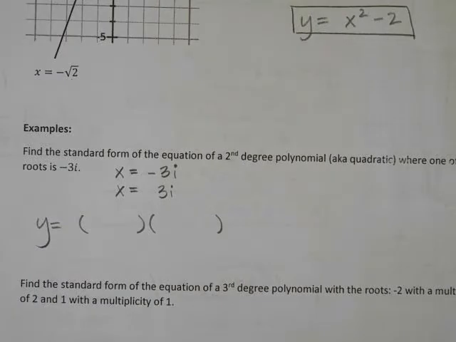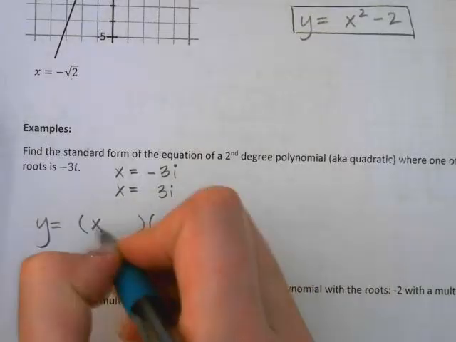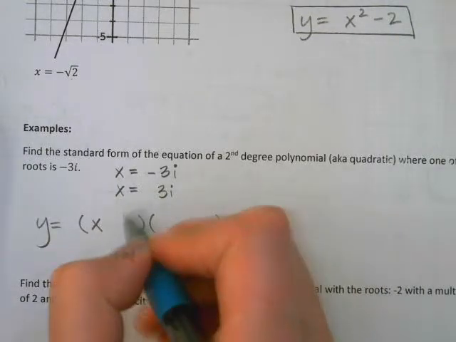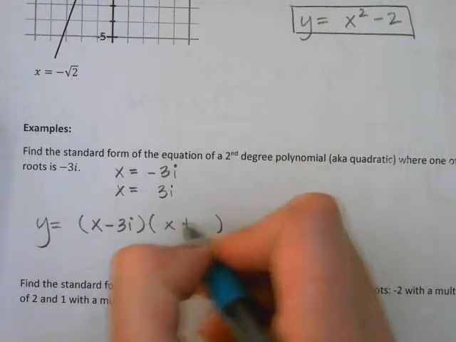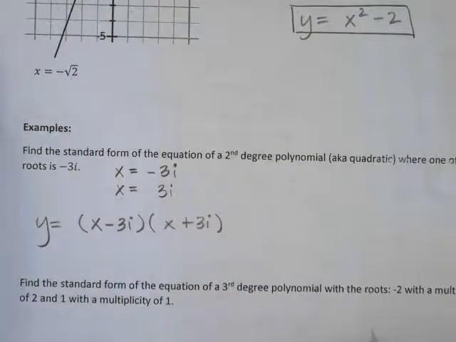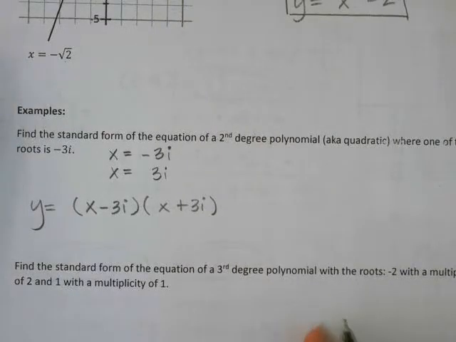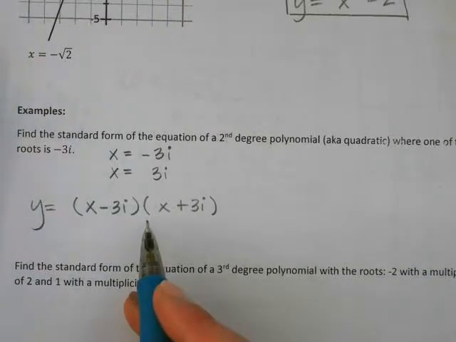What would we have in our parentheses? X minus 3i would be for the second one, and x plus 3i would be for the first one. So you do the opposite sign. Now that's the linear factorization form. They want the standard form. So what do we do? We FOIL it out.